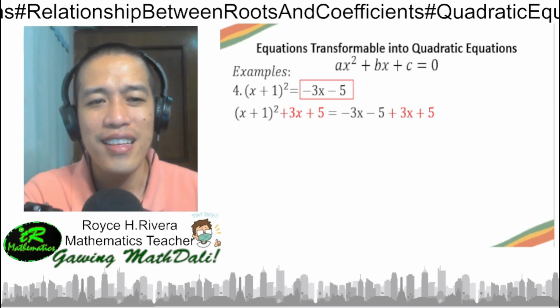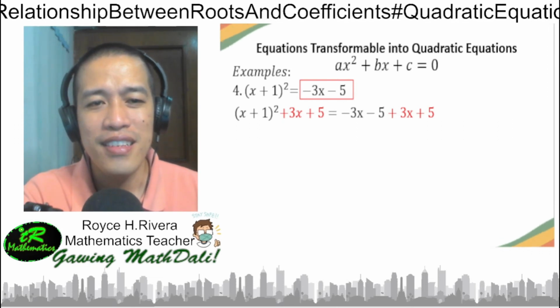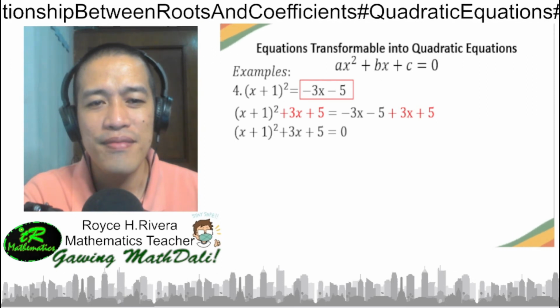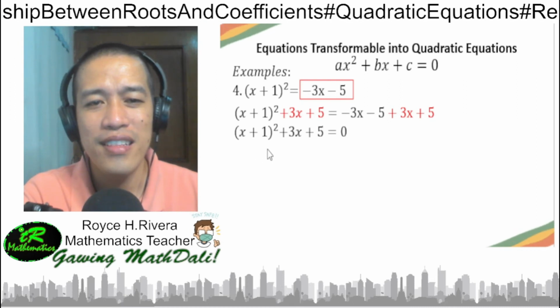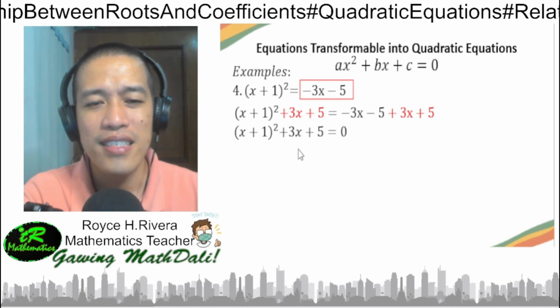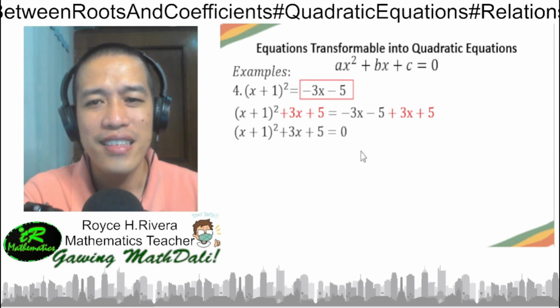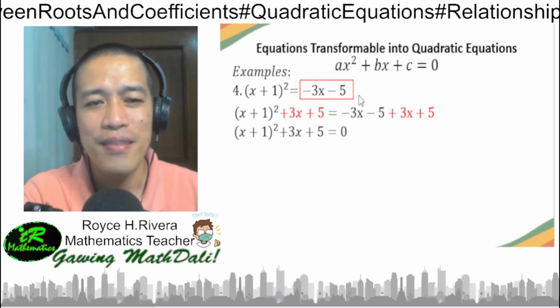Now we are adding like terms. We will have the quantity x plus 1 raised to 2 plus 3x plus 5 equals 0. The right side of the equation becomes 0.